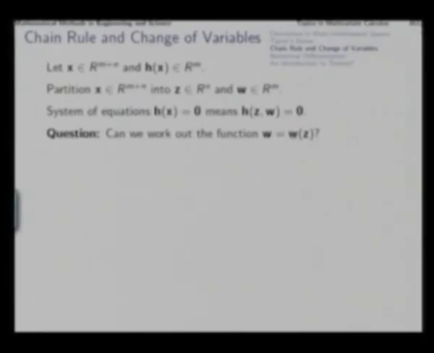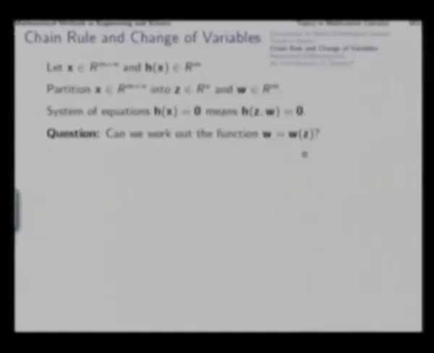That is, by prescribing z1, z2 up to zn, can we determine the rest of the variables, that is w1 to wm, from these m equations? In general, for general nonlinear problems all over the domain, we cannot do this through a single closed form expression.